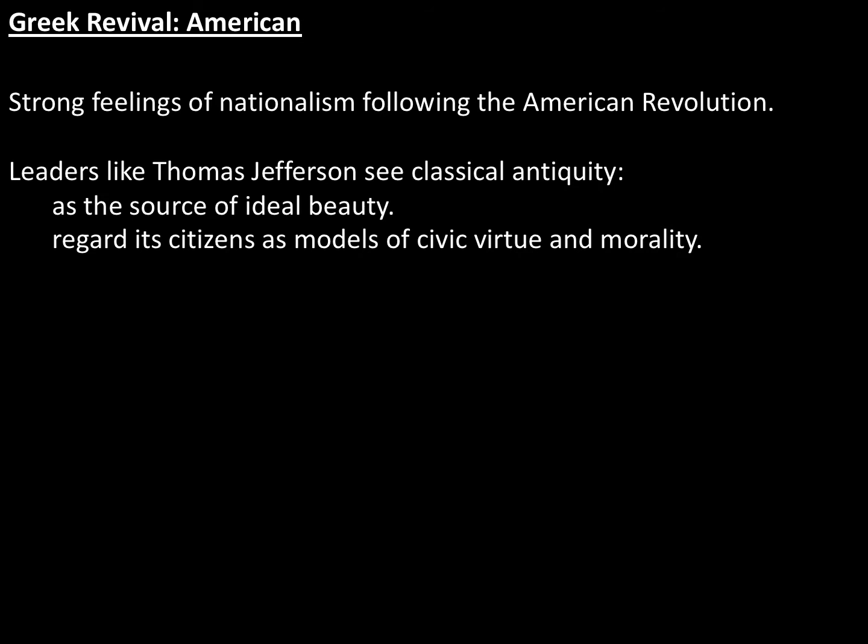Now we're following the American Revolution, so there's this strong idea of nationalism, of the United States as this new nation. And leaders like Thomas Jefferson look back to classical antiquity, Greek in particular, as the source of beauty and as the ideal of civic virtue and morality.